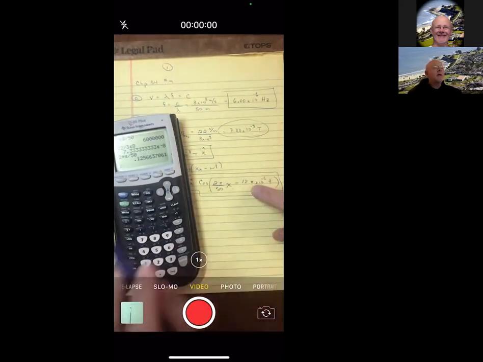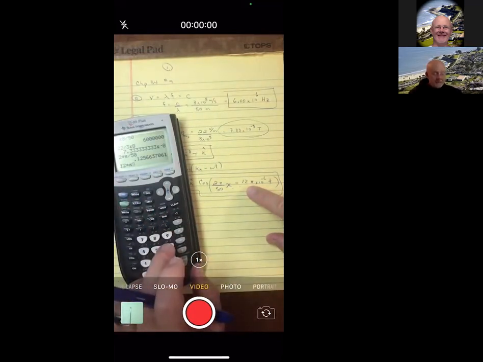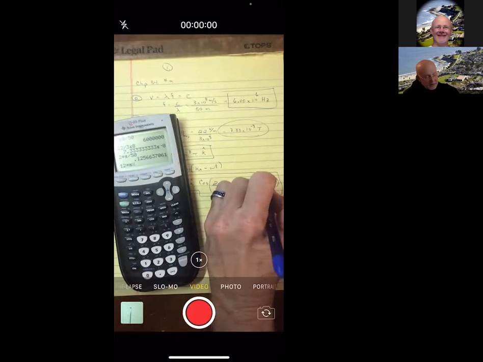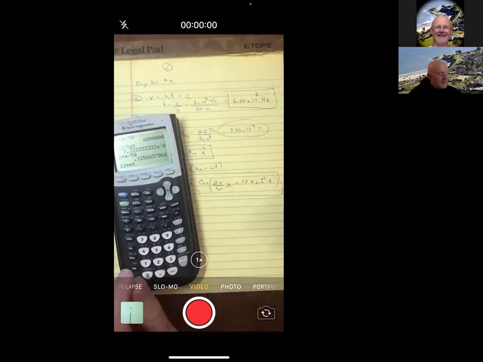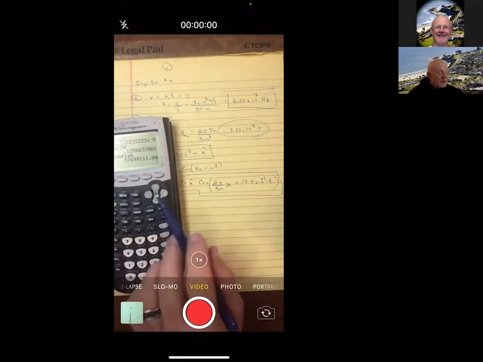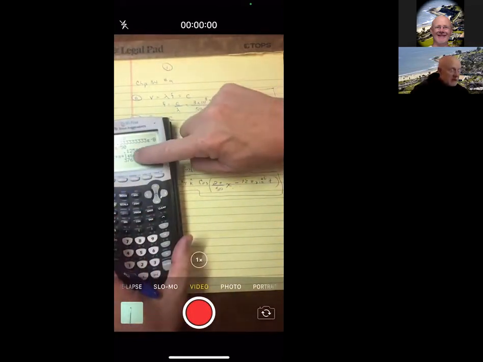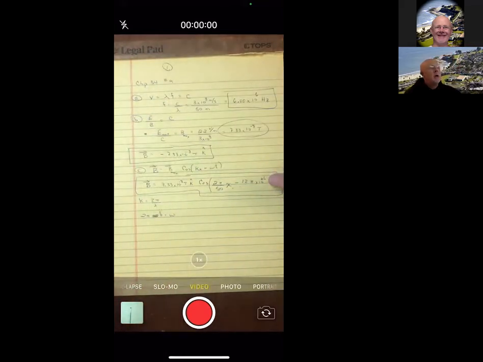Oh, and they multiplied this out, 12 times pi. Well, that should have been a plus 6. I don't know what I was thinking there. Times a million. And 3.77 times 10 to the 7. Okay, so we agree there.